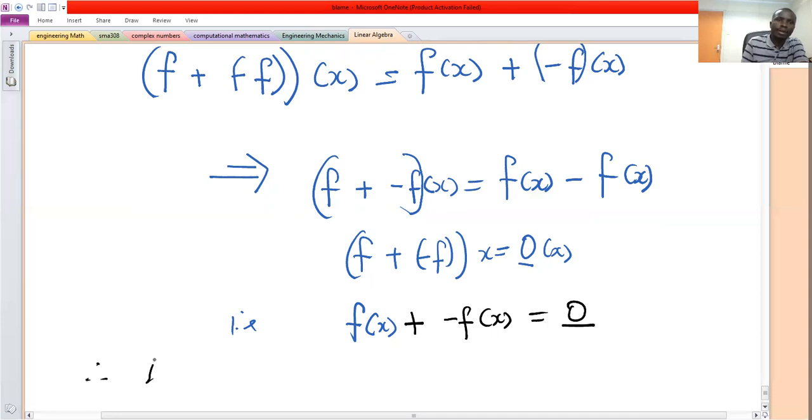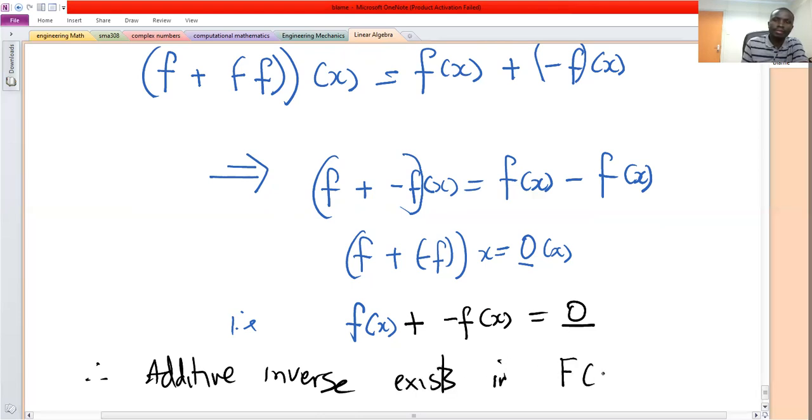Therefore, additive inverse exists in F. Remember, this is for all x values in the open interval AB.